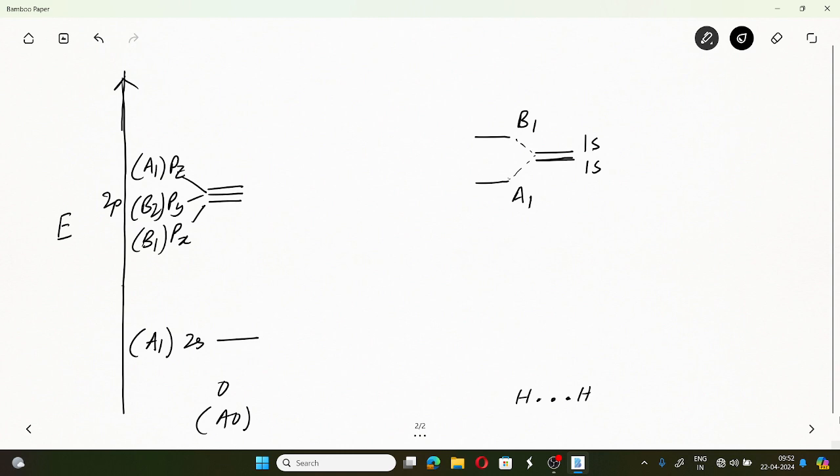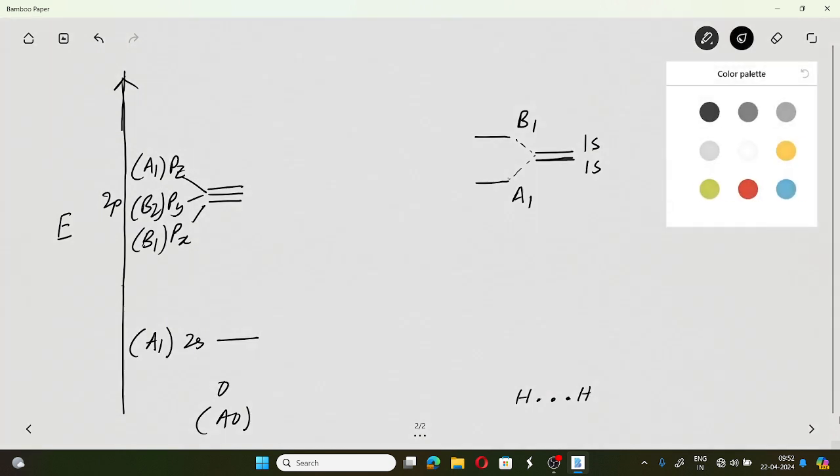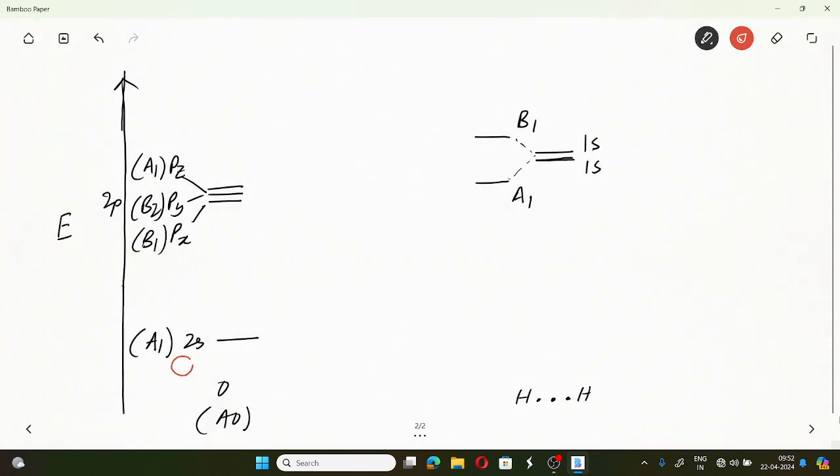Now, if you want to draw the shape of these orbitals, that will be easier for us. Suppose we want to draw the shape of the 2s orbital. This 2s orbital is like this, you know already. This is A1. Then px: we have considered this as the x-axis. This is px.